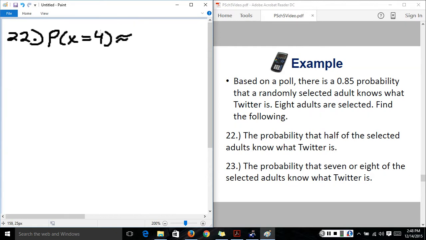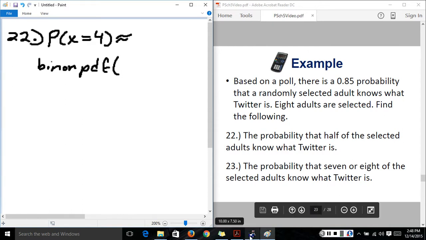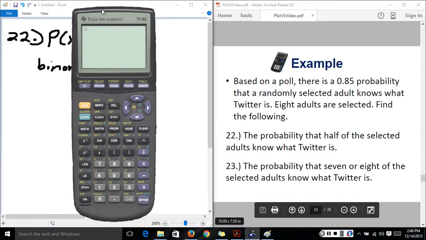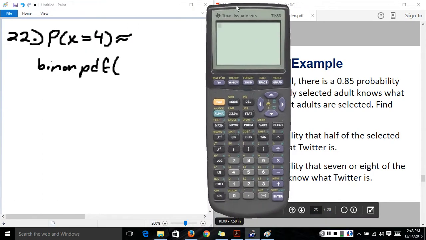And since we're looking for exactly 4 successes, we can use the calculator command binom PDF. PDF is used for one number of successes. CDF is used for a cumulative total of the probabilities of more than one success.